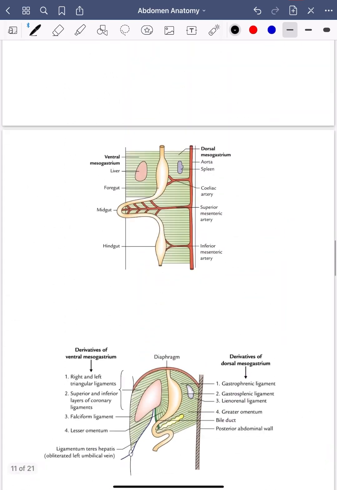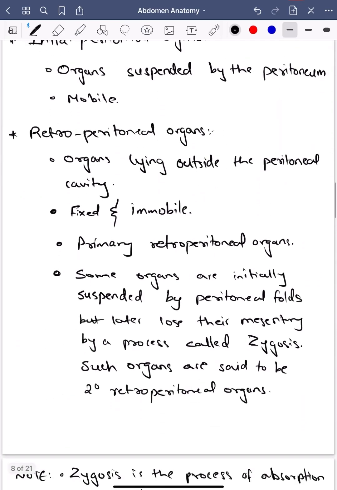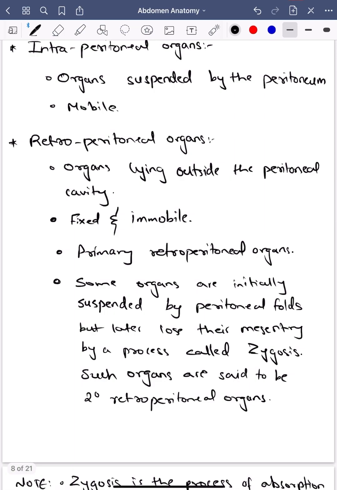Coming back, the retroperitoneal organs can be of two types: the primary retroperitoneal organ and the secondary retroperitoneal organ. So a primary retroperitoneal organ is one that develops retroperitoneally, that is, it is never within the peritoneum.